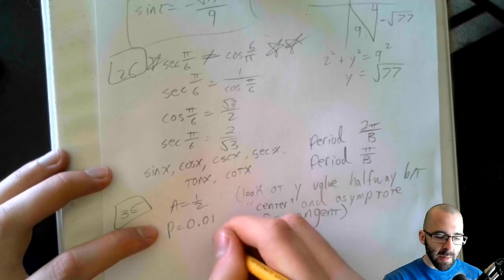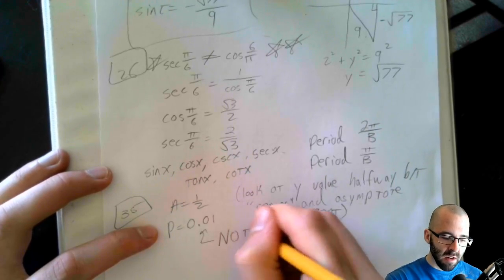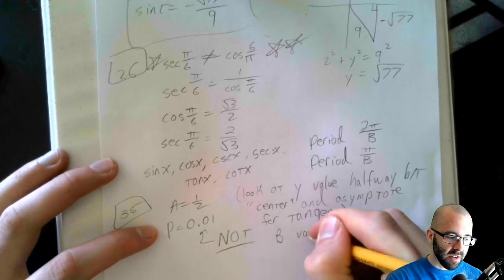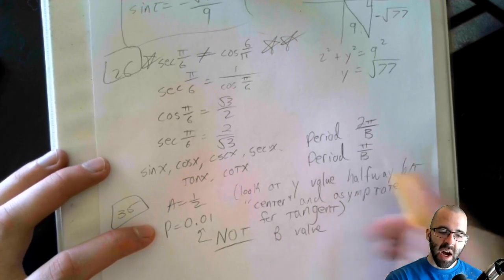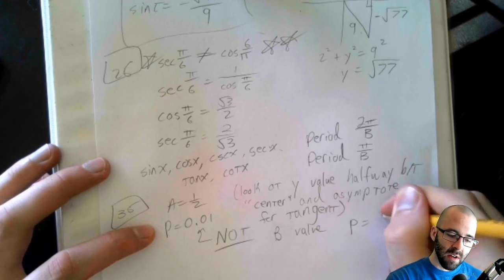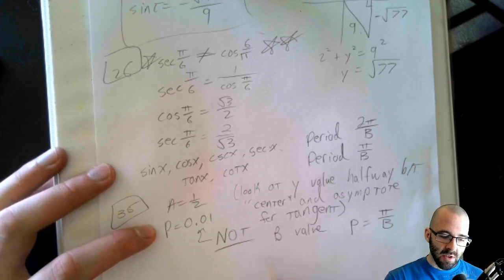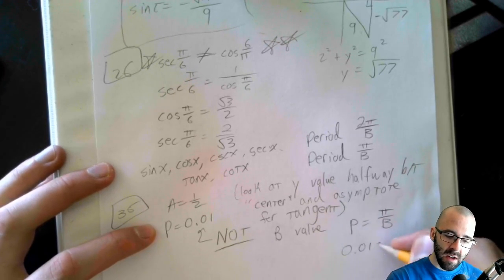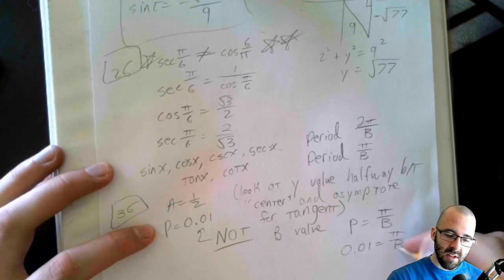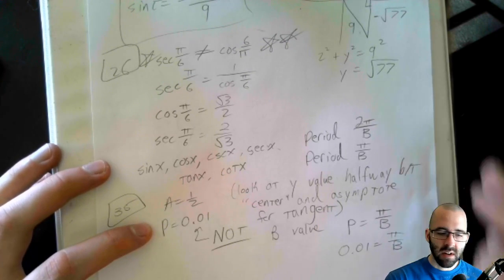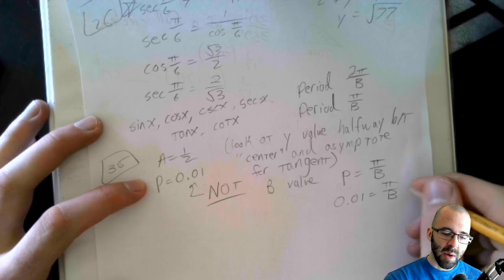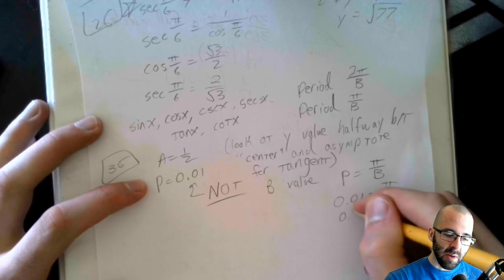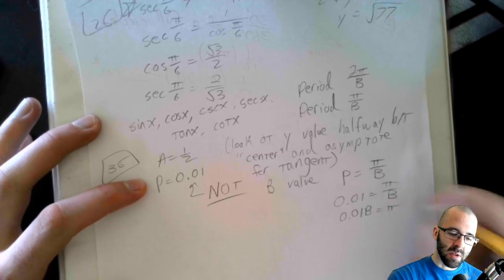But this is not our b value, right? The period is pi over b. So if we know the period, we need to use this to solve for b. Multiply both sides by b. You get 0.01b equals pi.